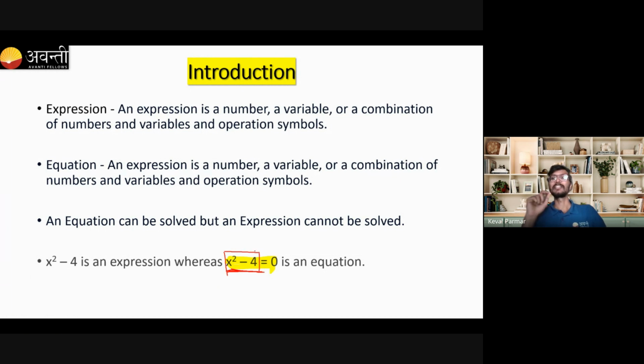Please note, whenever an expression is equated to 0, I get an equation. So let's say this is an equation. Obviously, you can see x square minus 4 equals 0 is an equation. Now, what is equated to 0 here? X square minus 4 is equated to 0. That means x square minus 4 is an expression. I hope I am making sense.